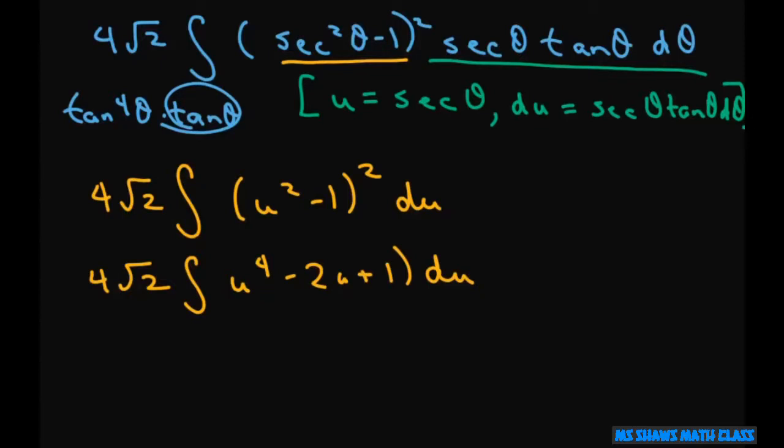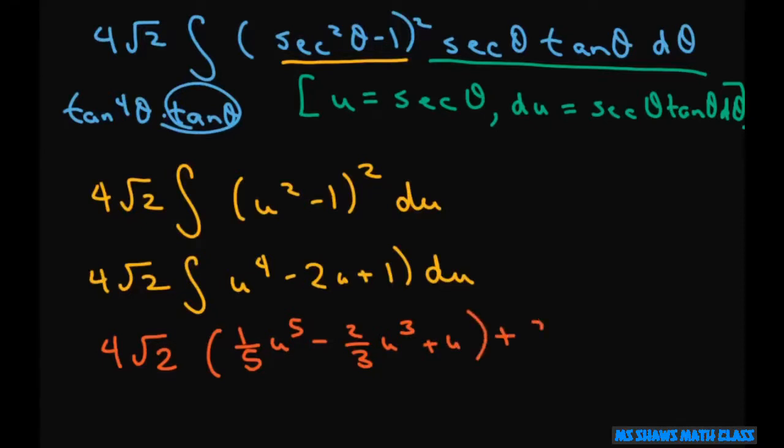Now let's go ahead and evaluate this. We're going to get 4 square root of 2 and take the antiderivative. So this is going to be 1/5 u to the 5th minus 2/3 u cubed plus u plus c.